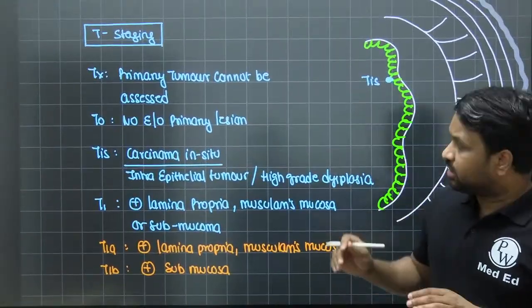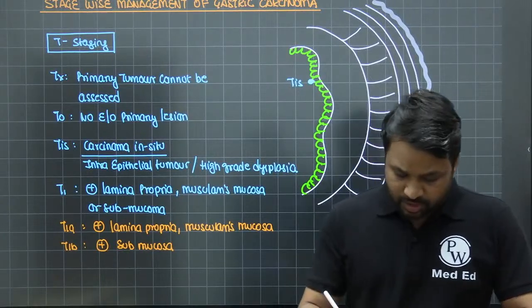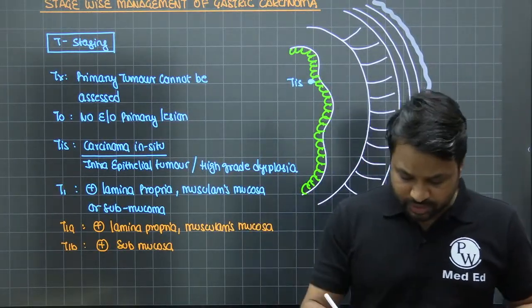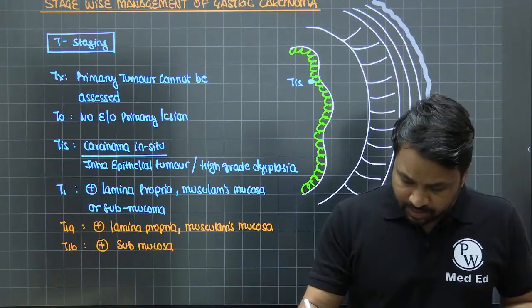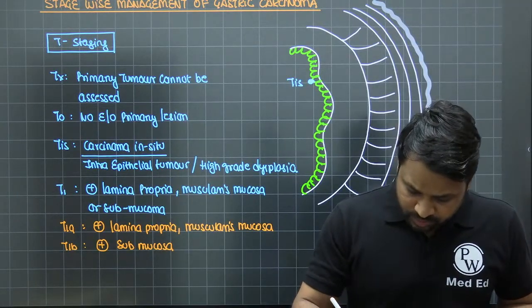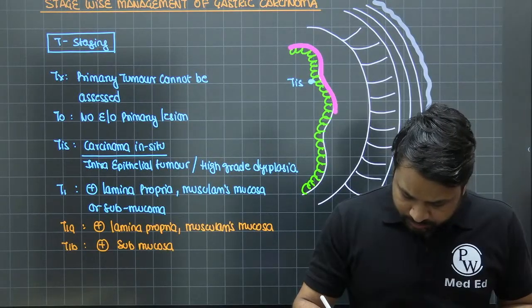When you look at the diagrammatic representation which we have created for you, on the epithelial surface or the mucosal surface, you have the epithelium first. Just below the epithelium, you have the lamina propria.